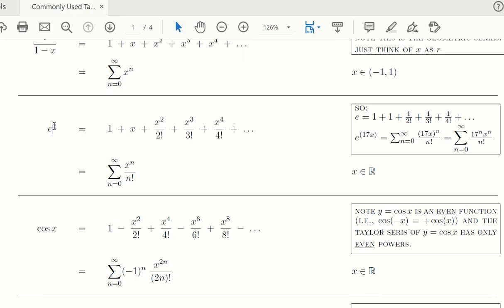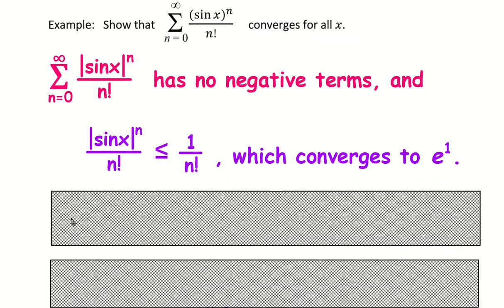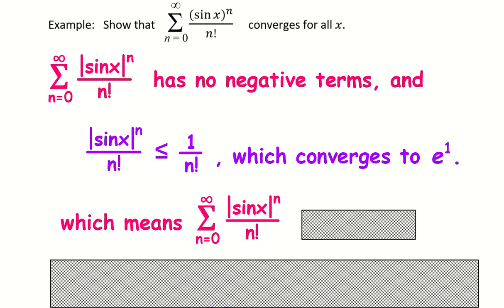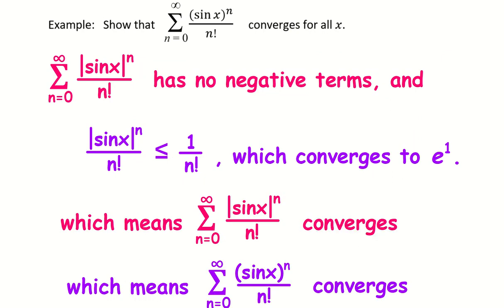If x is 1, then it's going to converge to 1 to the n all over n factorial. So anyway, the bottom line is it converges. And since our series is smaller than or equal to that, it is also going to converge. So this converges absolutely. And since it converges absolutely, that just means it converges, period. Okay?